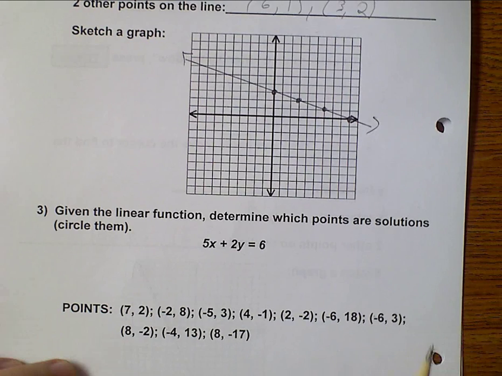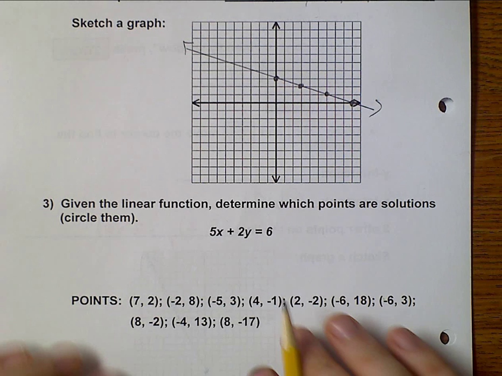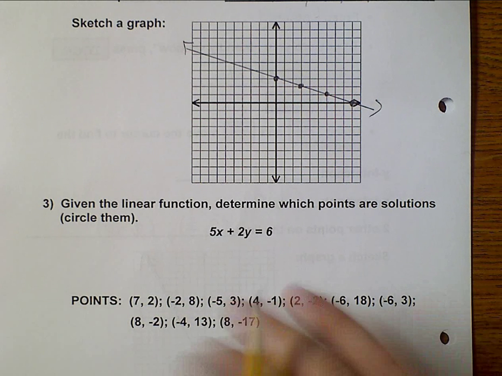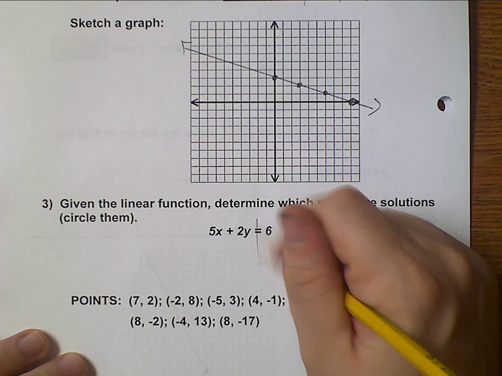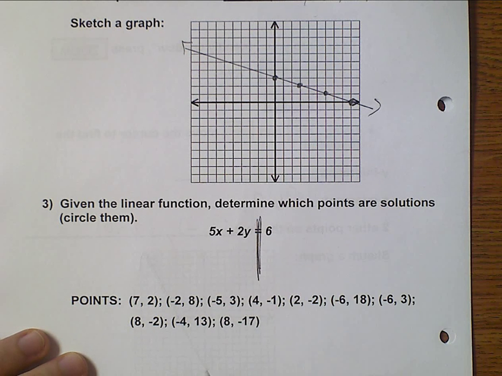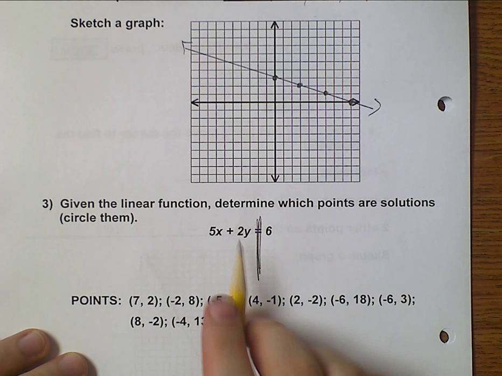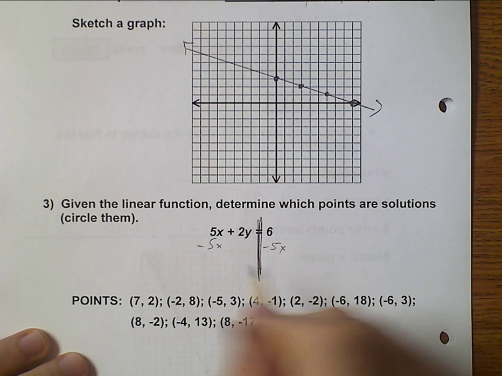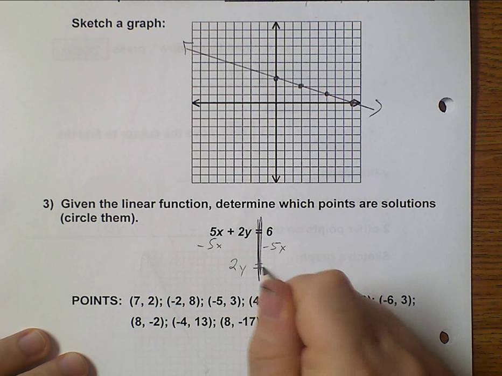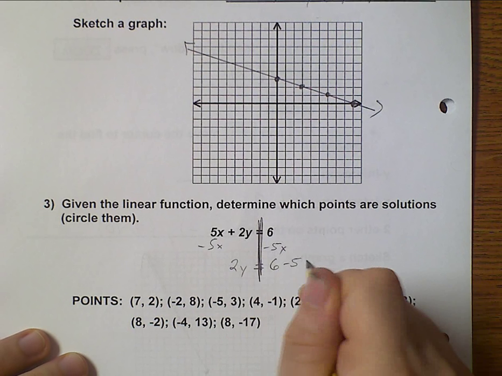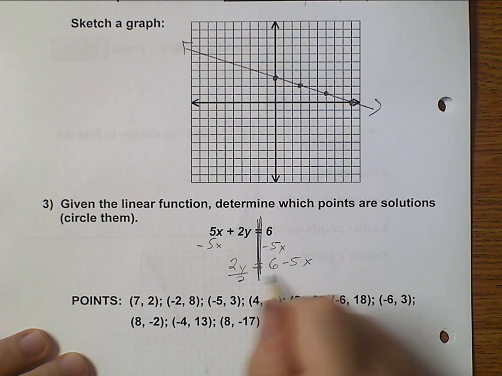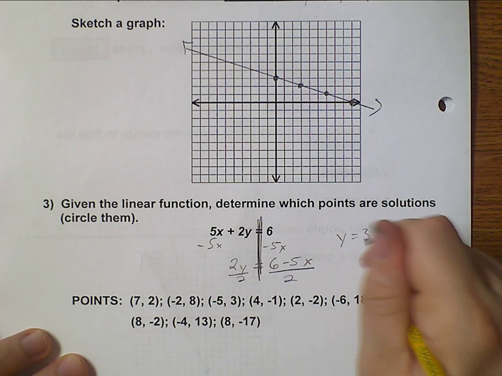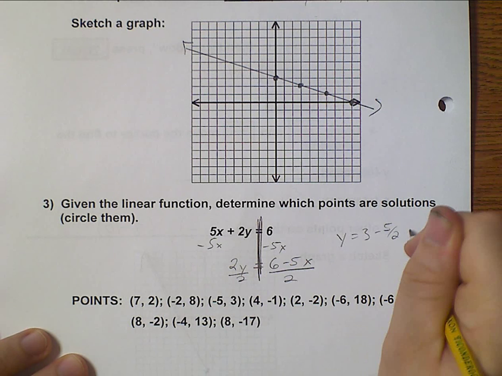Now we're going to take a function and determine which ones answer this, and we're going to use the calculator to do this. Well, I start off, I want to go ahead and figure out what y is. So I'm going to subtract 5x from both sides, and I get that 2y equals 6 minus 5x. Divide everything by 2, and I get that y equals 3 minus 5 halves x.